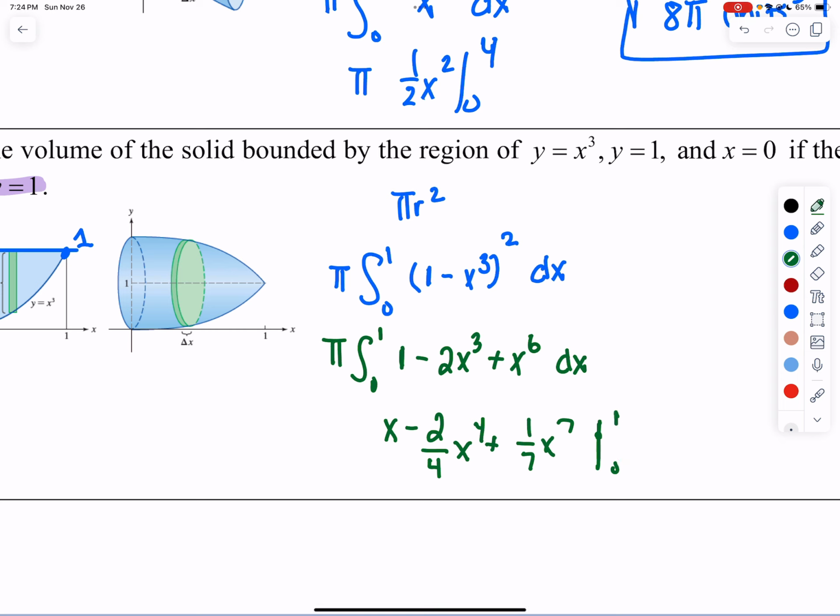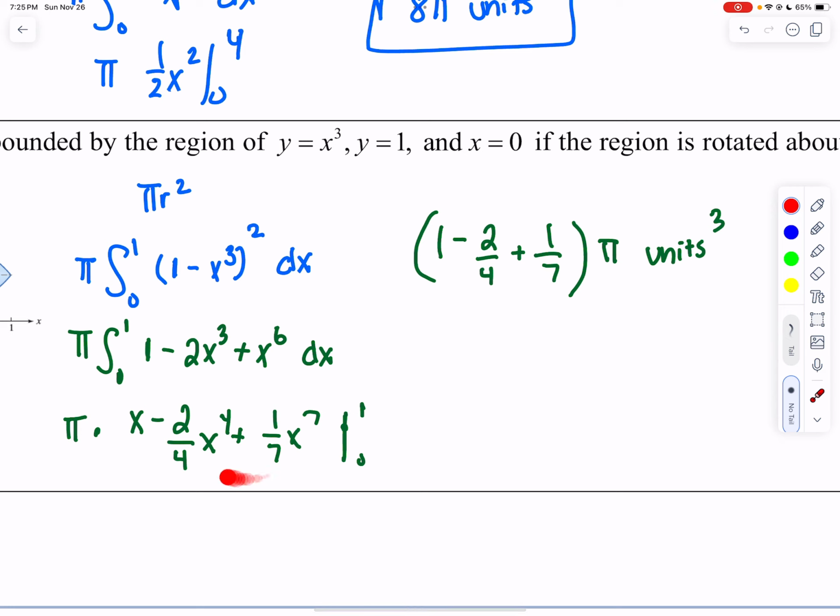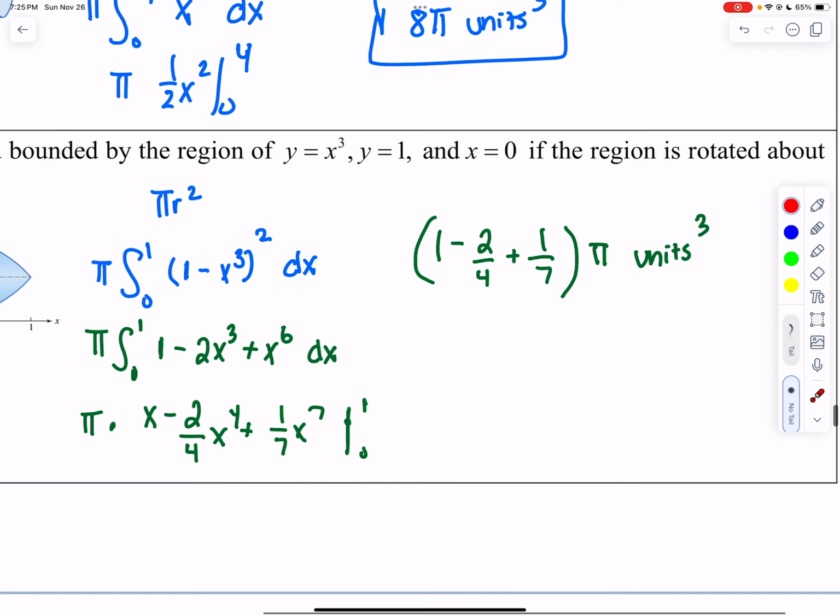And we have our bounds of 0 to 1. All right, you should be able to do this without a calculator because that's just 1 minus 2/4 plus 1/7 times pi units cubed. The reason why is because if I were to substitute in 0, this is 0, this is 0, and this is 0. So there's certainly no point there.